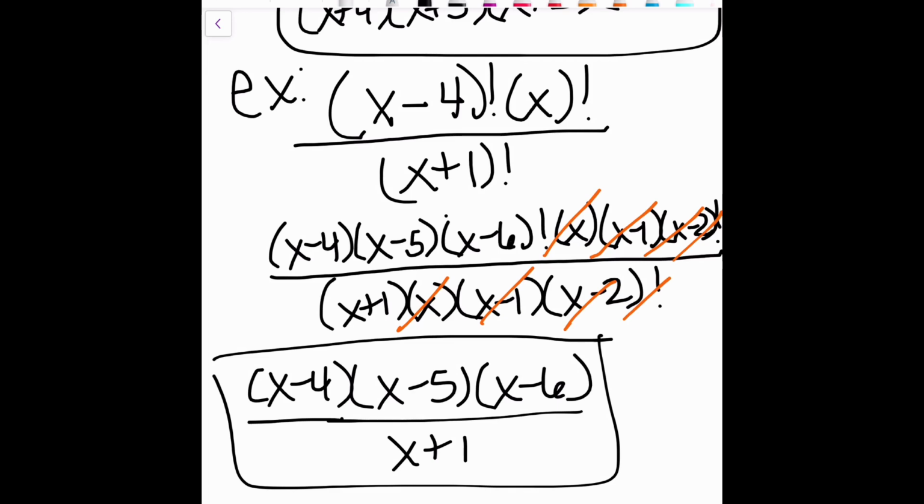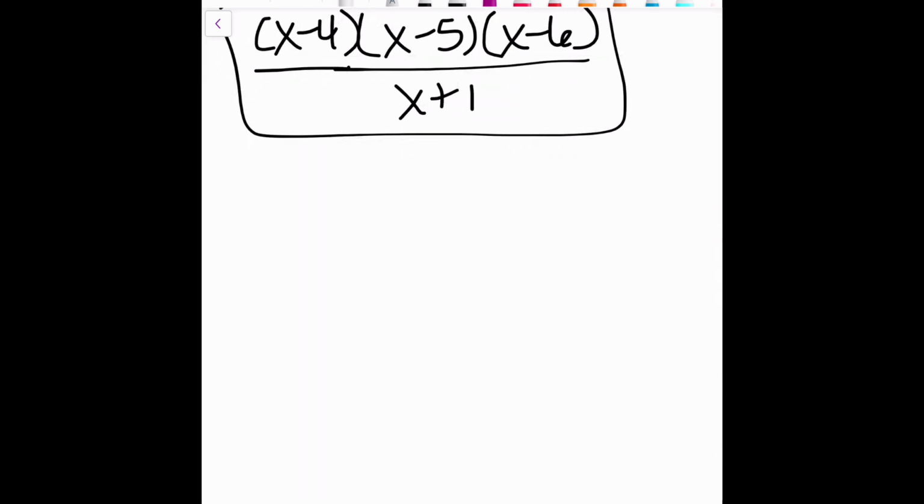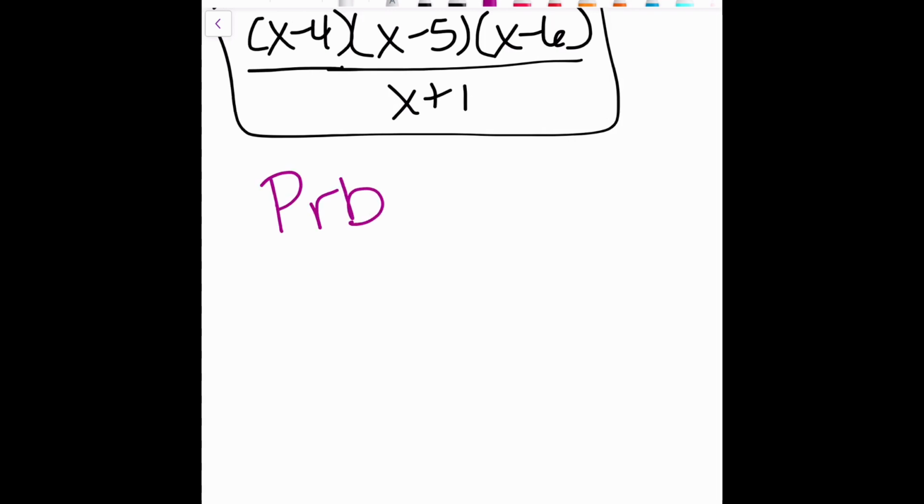All right, so that is it for factorials. The last thing I wanted to say is there is a factorials button on your calculator. That'll only work when you have a number. So if you have 5 factorial, you can plug it in. But if you have n factorial, it's not going to work. So that button is under PRB on the calculator, and then number 3 says factorial.